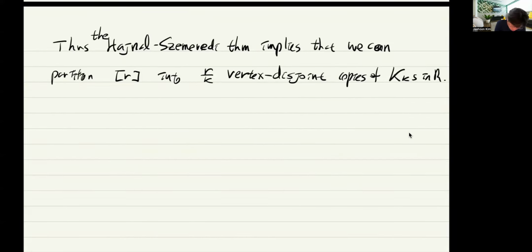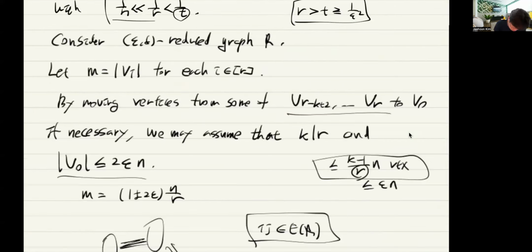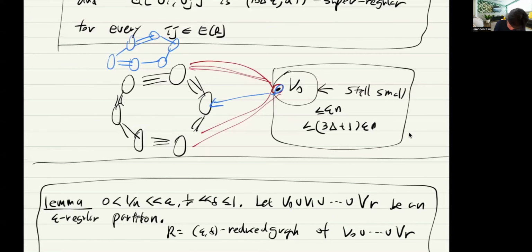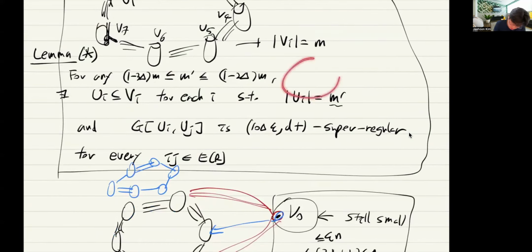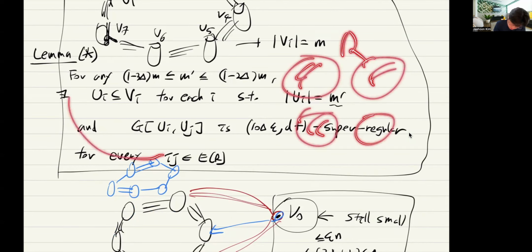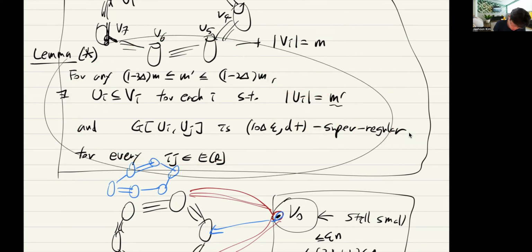And now we use this lemma star. So it's K_K, a disjoint union of K_K. That's your R here, and that has maximum degree at most delta. So we can invoke this lemma.